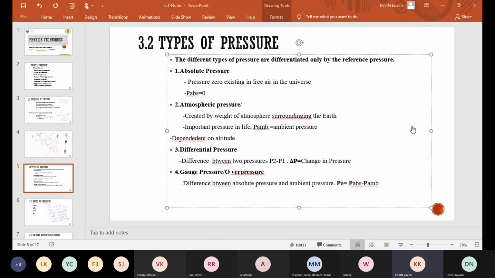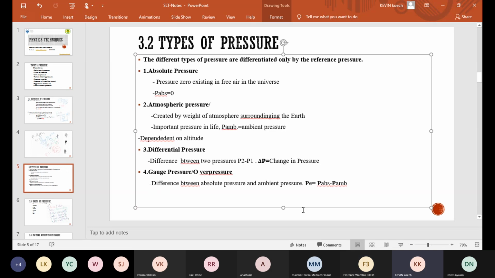Let me check. Yes, Florence, I'm seeing your hand raised. Unmute and speak. You can't see the notes? The notes on the screen are too small.